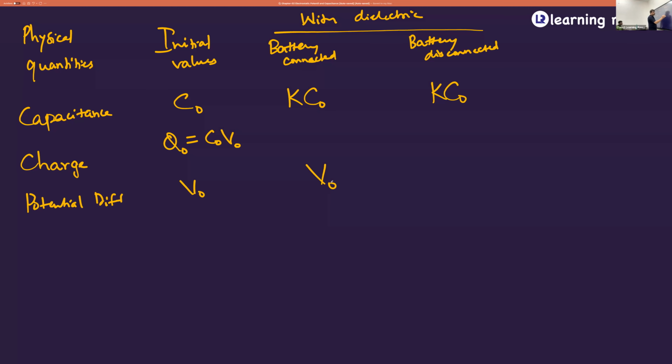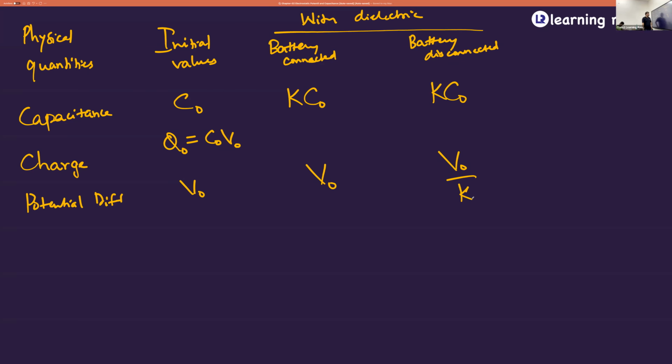Whereas if you disconnect the battery, it will become V naught divided by K. That is a point to be remembered. Meaning, I have a capacitor, I kept the battery connected and inserted a dielectric. Then the potential drop across the plates of the capacitor will still be V naught. If I disconnect the battery but the dielectric is inside, the potential will not be V naught anymore, rather it will become V naught by K.